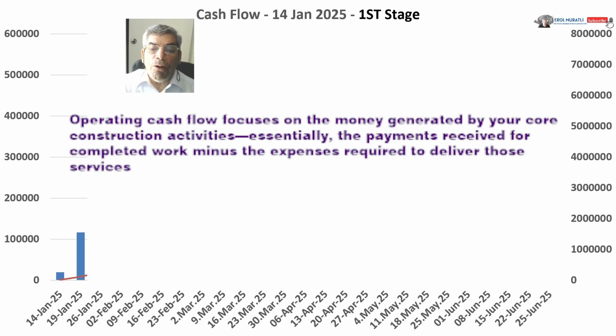Operating cash flow focuses on the money generated by your core construction activities. Essentially, it is the payments received for completed work minus the expenses required to deliver those services.